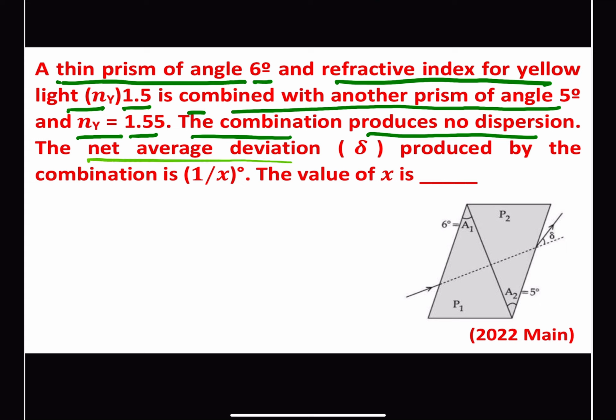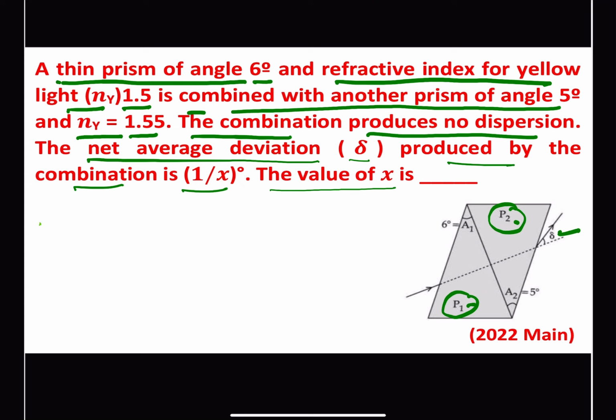The net average deviation, that is delta, produced by the combination is 1 upon x. Then the value of x is equal to. So we have two prisms, P1 and P2, and net deviation is given as delta. So this delta will be equal to the deviation because of P1 and deviation because of P2, that is their algebraic sum.